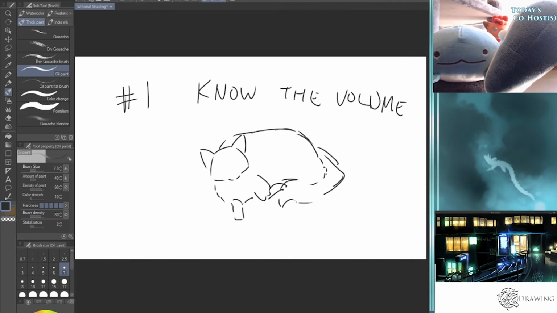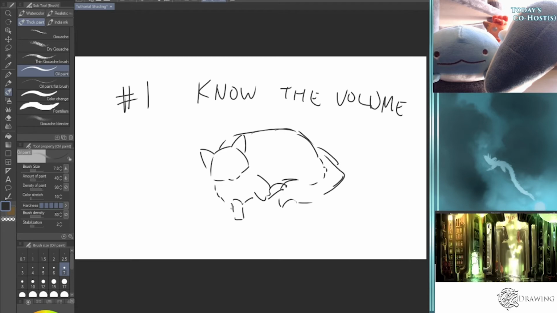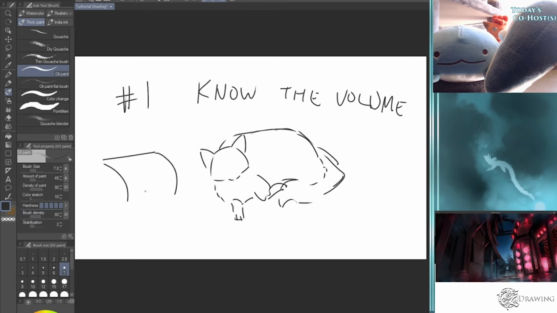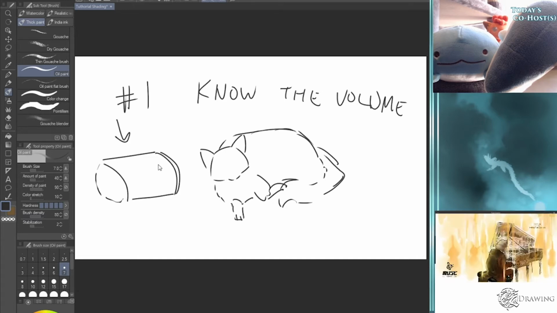How do you shade this? Well, the first thing is to note that this kind of resembles a cylinder, right? We understand the cylindrical shape. And the light is probably, if it's coming from that direction, for example, then the core shadow would be here, and the reflected light would be there.